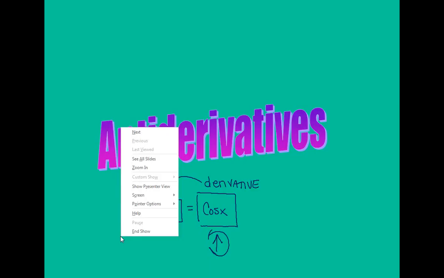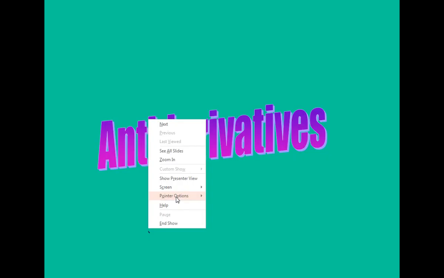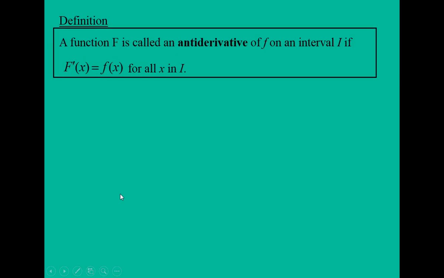Now there's a lot of applications for this that we'll get into later. Here's a definition. A function capital F is called an antiderivative of lowercase f on an interval I if F prime of x equals f of x for all x in the interval.